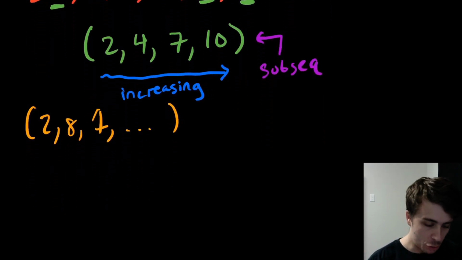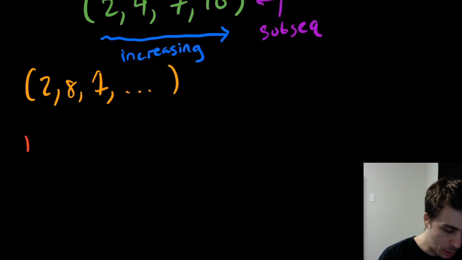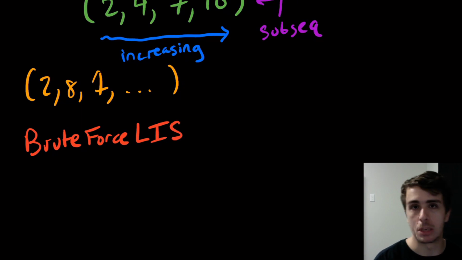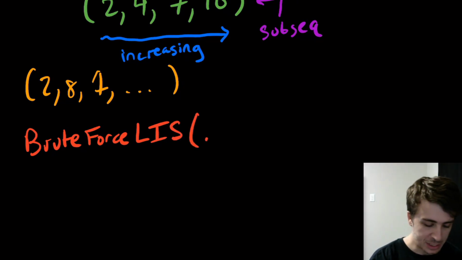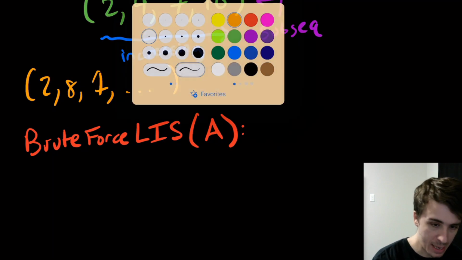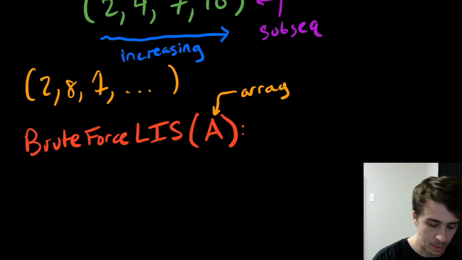What we can try is the following idea. I'm going to call it brute force longest increasing subsequence, which I'm going to abbreviate to LIS. Let's say we're passed in the array A. This is the array that we're given of, let's just say numbers, although it doesn't really matter.